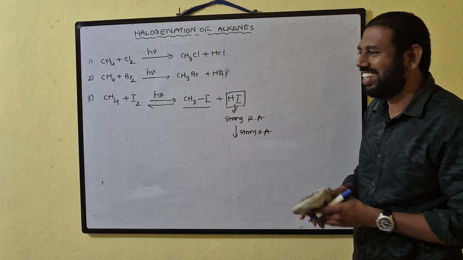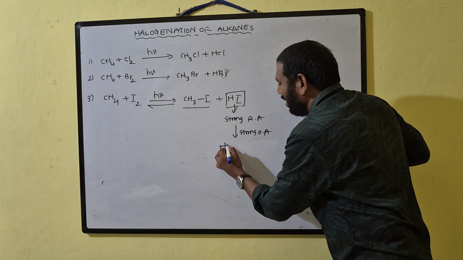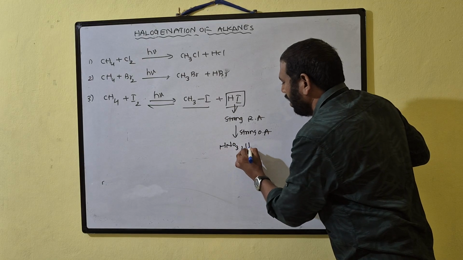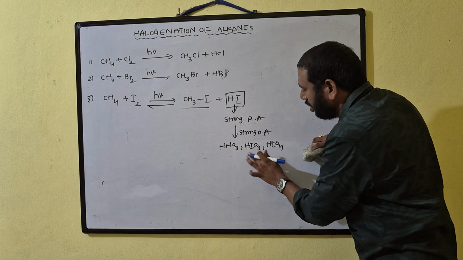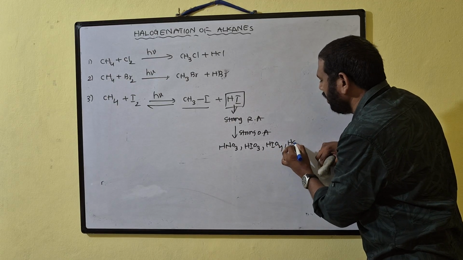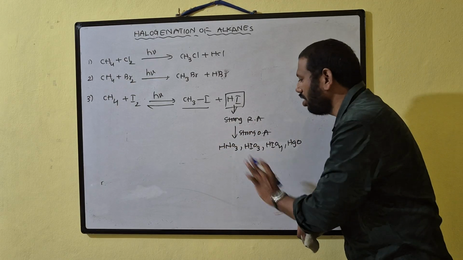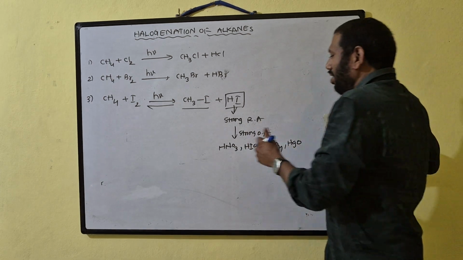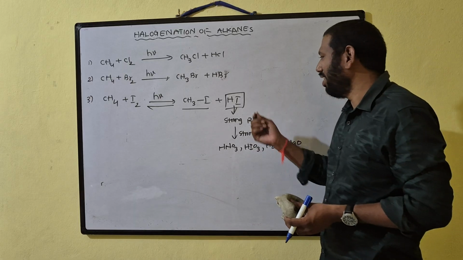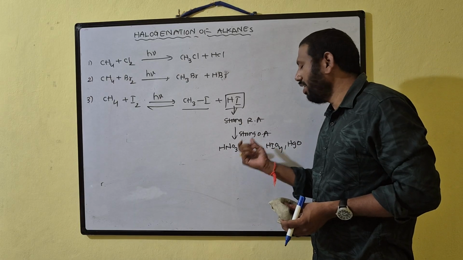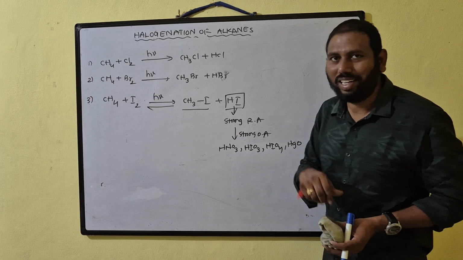Strong oxidizing agents like HNO3, HIO3, HIO4, iodic acid, periodic acid are all strong oxidizing agents. These oxidizing agents can destroy hydrogen iodide.